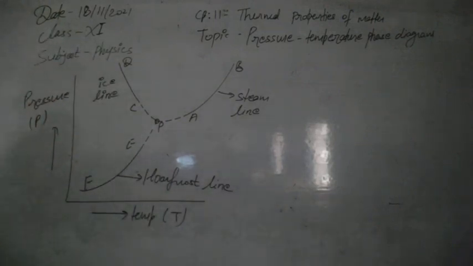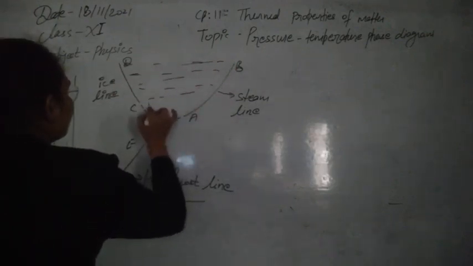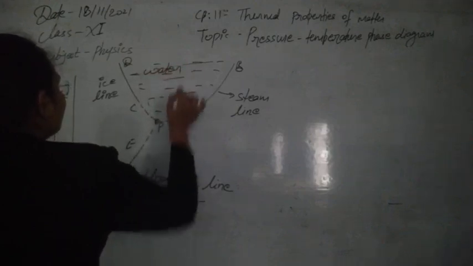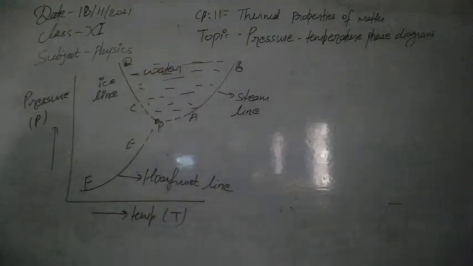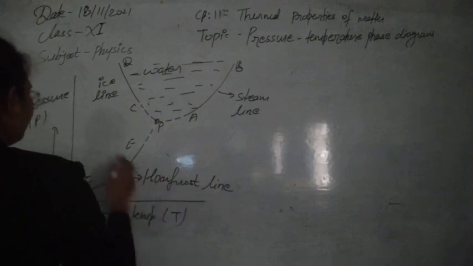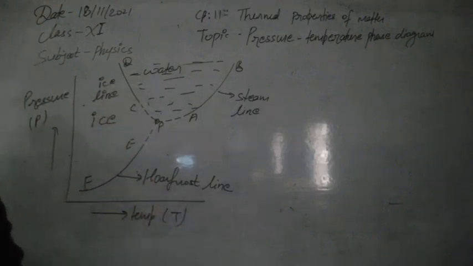Now what is represented by these three lines? In this area, the steam line and ice line cover the state of water in liquid form. The ice line and hoarfrost line cover the area where we observe water in ice form.